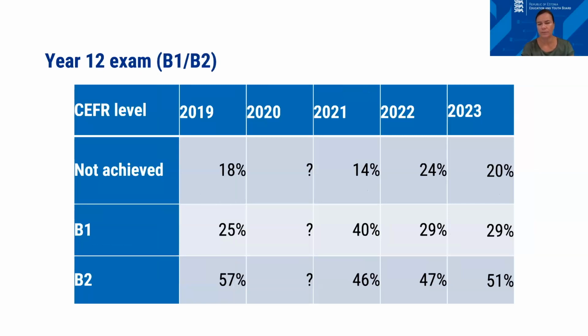Well, this is something that is also very similar to the previous years, although it has risen a bit. 29% then received B1 level, and unfortunately 20% of the students did not achieve the level.